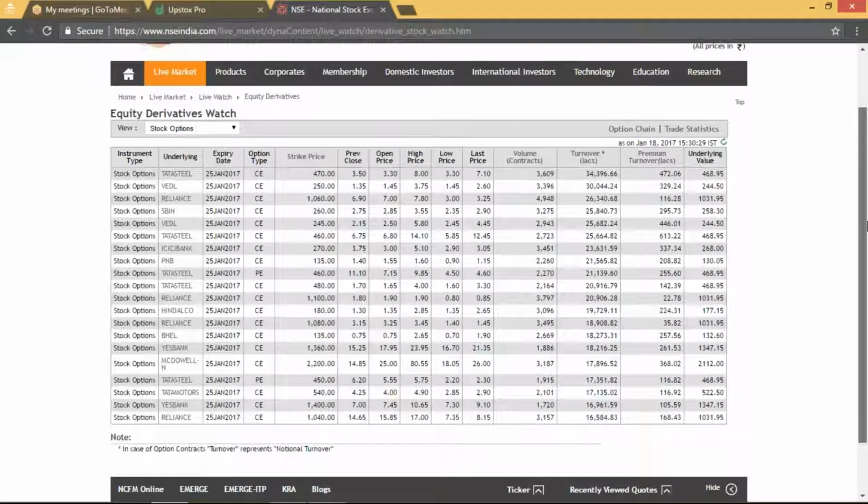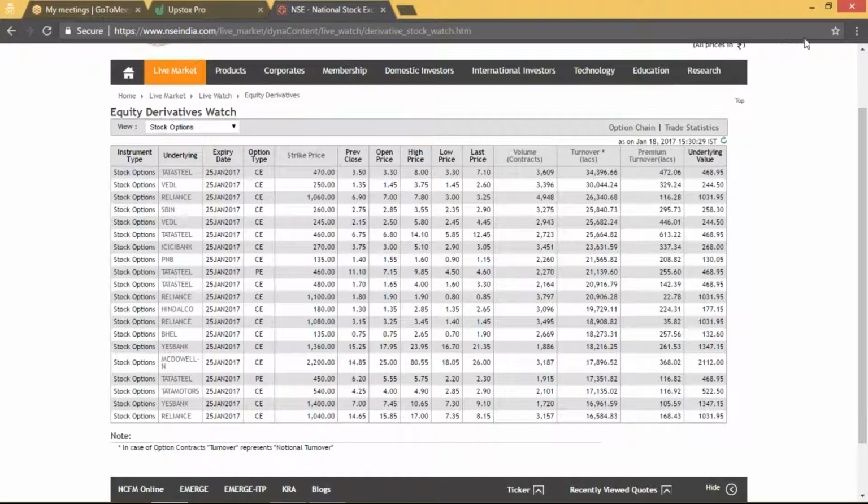And here what you see, that's your world. So Tata Steel, Vedanta, Reliance, SBI, ICICI, PNB, Hindalco, BHEL, McDowell, Tata Motors, Yes Bank. Alright, so this is where you have to look for the edge of space strategy trades.